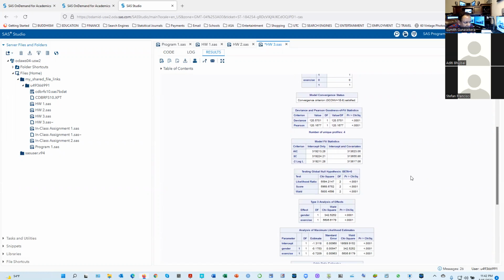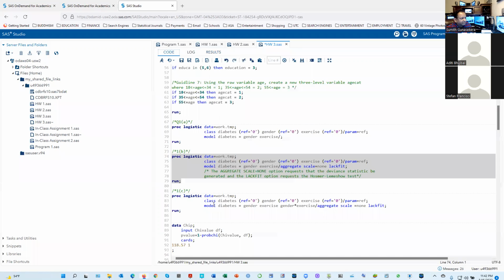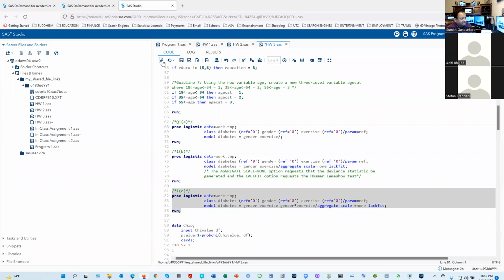Did I type it in? I don't think I did it right. I'm going to go back to the previous one, 1C, and run this one. I didn't type it right.